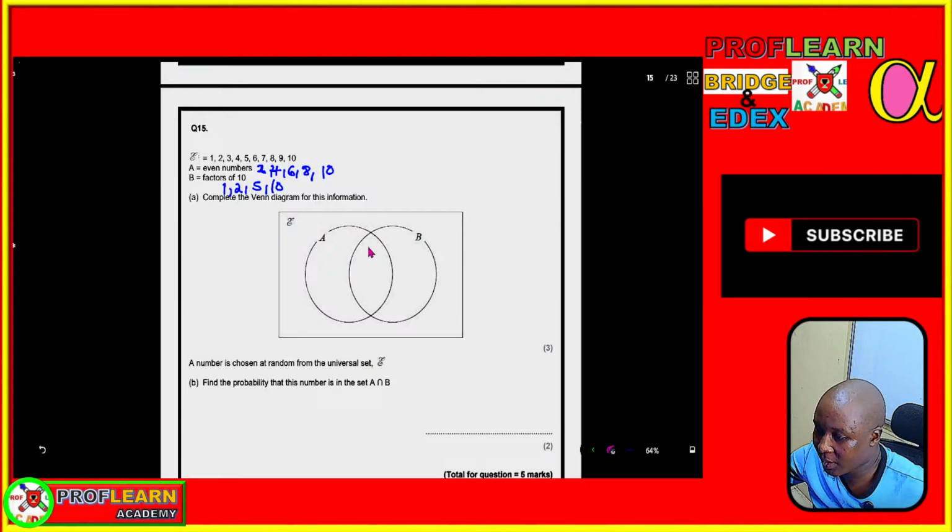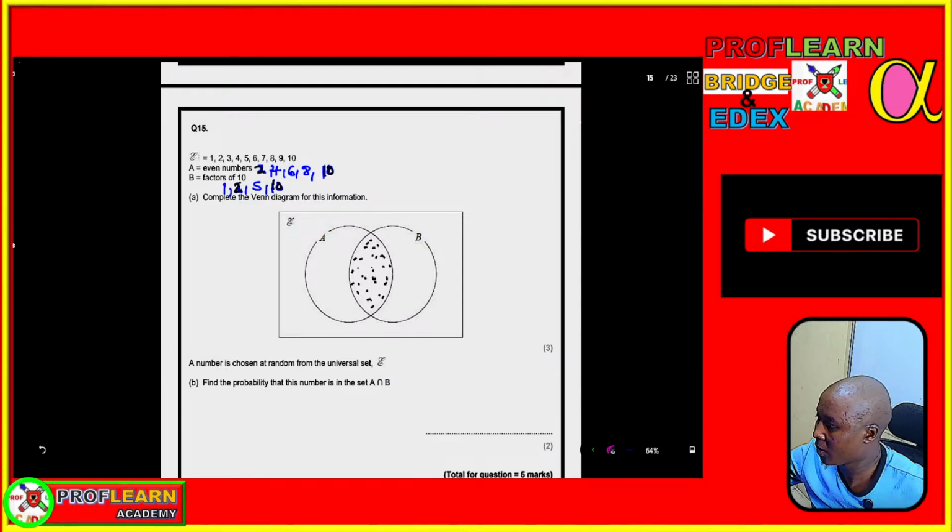Now we are supposed to complete the Venn diagram. This region here represents the elements which are in the two sets, common to both. We can see 2 is here and also 2 is here, and 10 is here and also 10 is here.